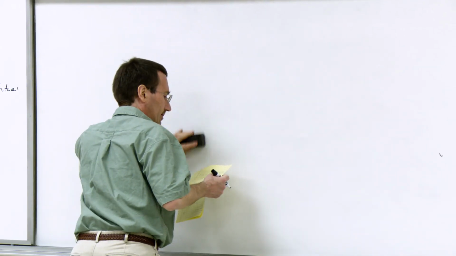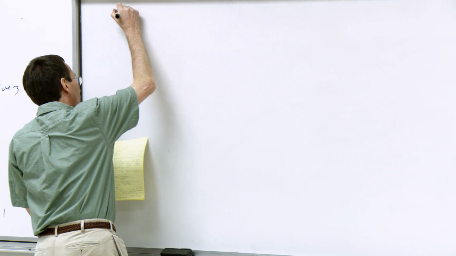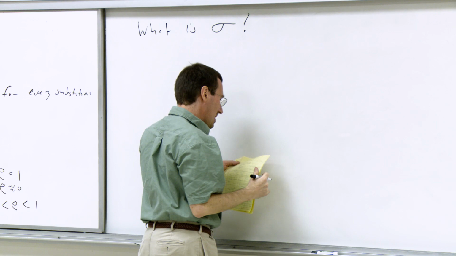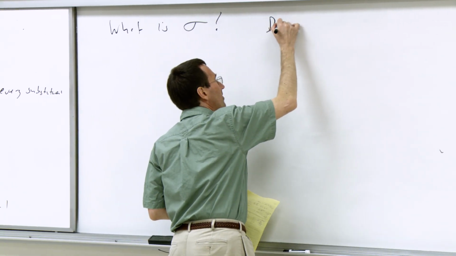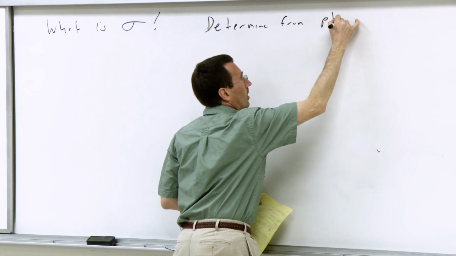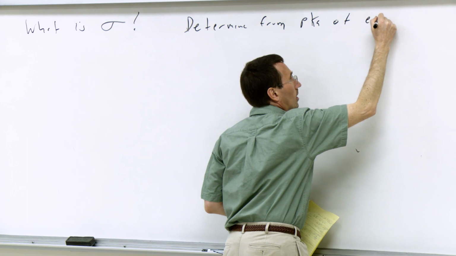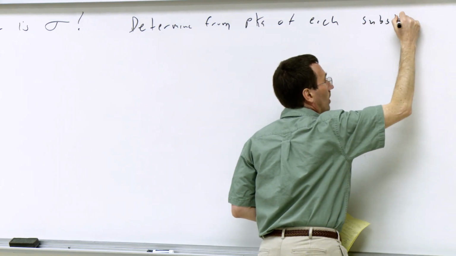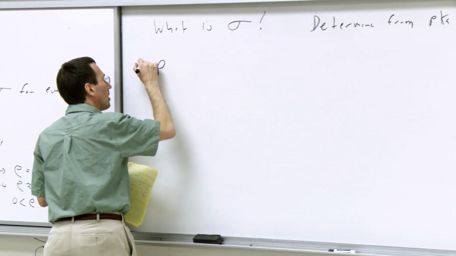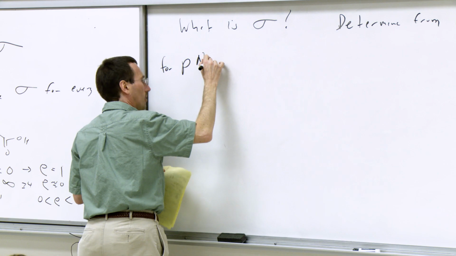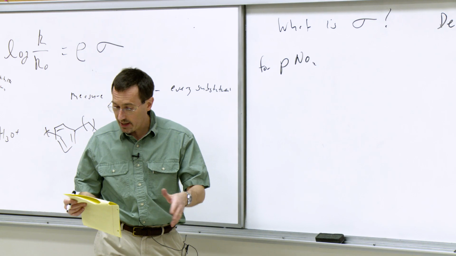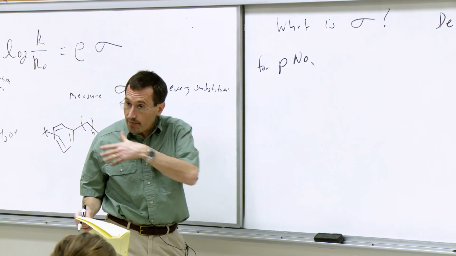All right, so what is sigma? And we're just going to determine it from the pKa of each substituent. So in other words, for para nitro, we've already said that for the ionization of benzoic acid, rho is 1 by definition.